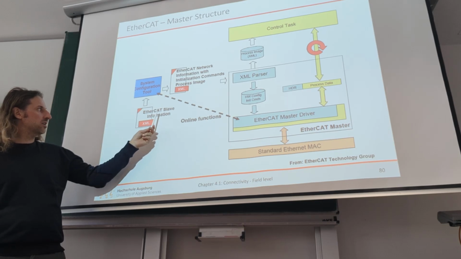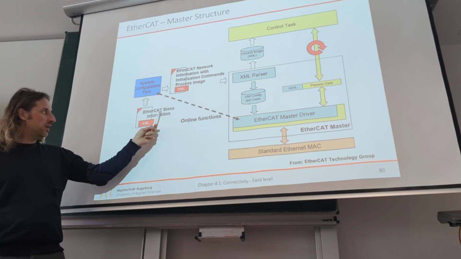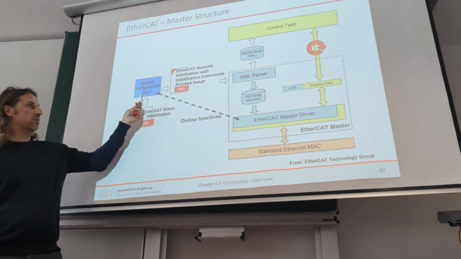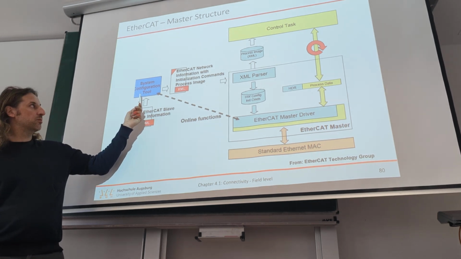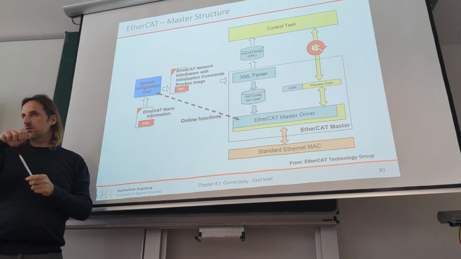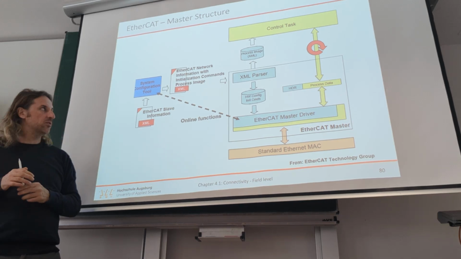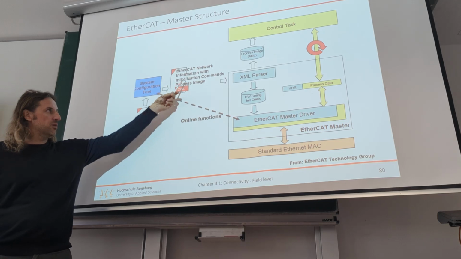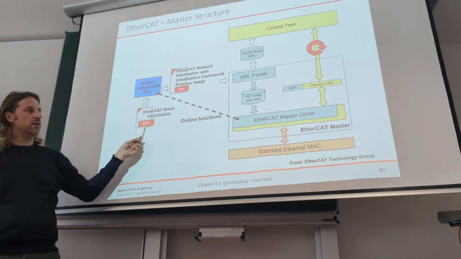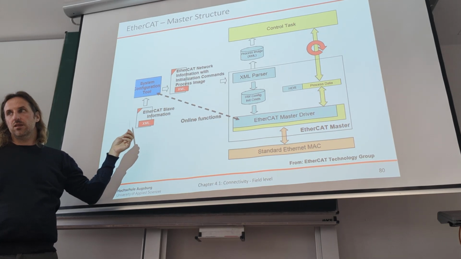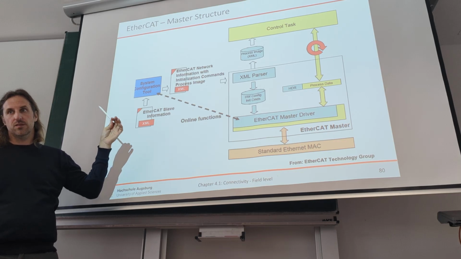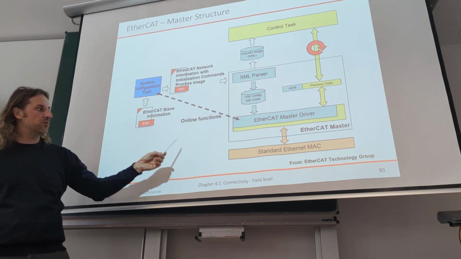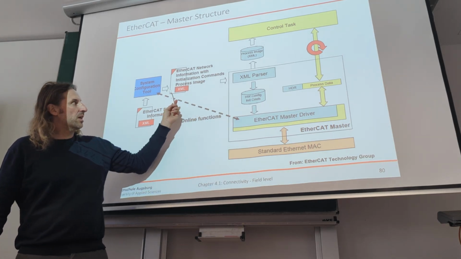Here they call it EtherCAT slave information, the ESI files, and they are just loaded into the catalog, and then you drag them into your configuration, and then the process image can be calculated, because you have the device capabilities and the amount of inputs and outputs, and you can calculate how many bits in and how many bits out you have to reserve in the cycle.